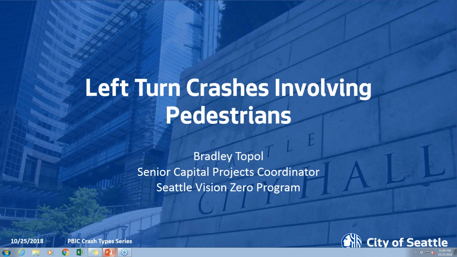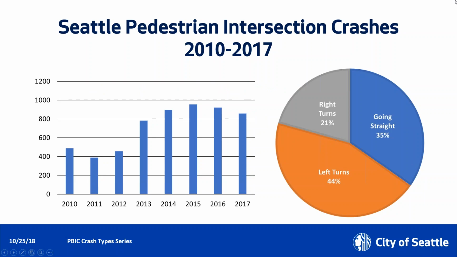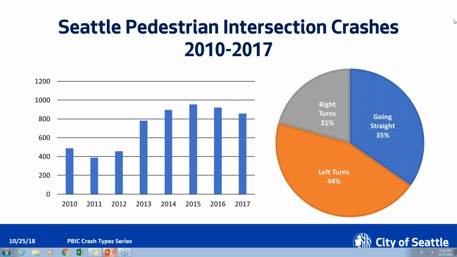Good afternoon, everyone. It's a pleasure being able to present on some of the on-ground improvements based off of a lot of the data from Portland State and Oregon, as well as the UNC. So starting off a little bit about Seattle, just in general, some overarching trends specific to pedestrian intersection crashes.